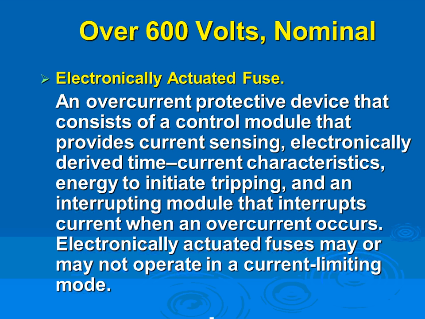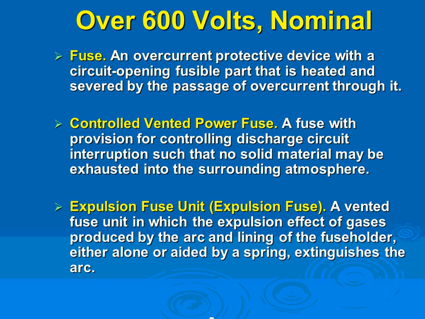The smart part is the module. And then it has a mechanism to send the signal to trip the fuse or open the fuse. Initiate the tripping mechanism. An electronically actuated fuse may or may not be current limiting; they are capable of being in the current limiting condition.